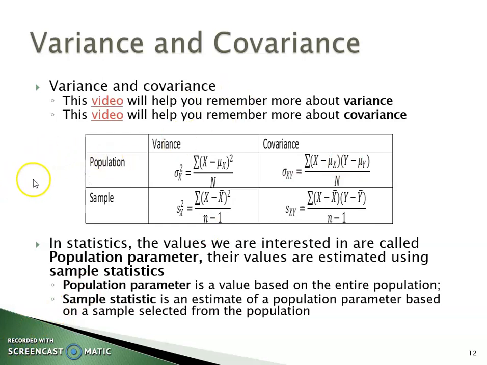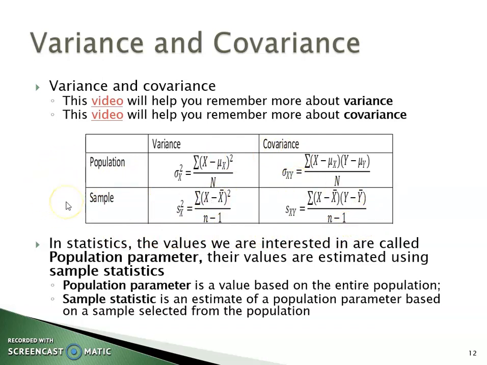I gave you two sets of formulas here. One set is to calculate the variance and the covariance of a population. The second set is for the variance and covariance of a sample.